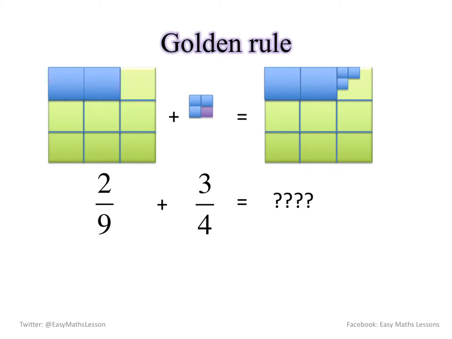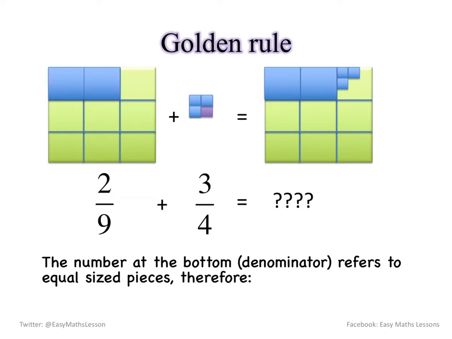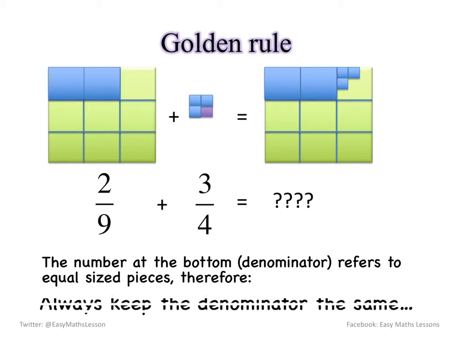So, very much a golden rule: the number at the bottom, your two denominators, refers to equal sized pieces. Because they refer to equal sized pieces, you must always keep the denominators the same. If they're not the same, you need to make them the same by using equivalent fractions. I've got equivalent fractions in another video, so just go and have a look at that one.